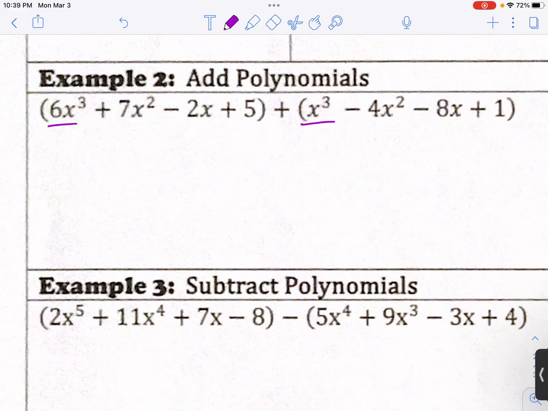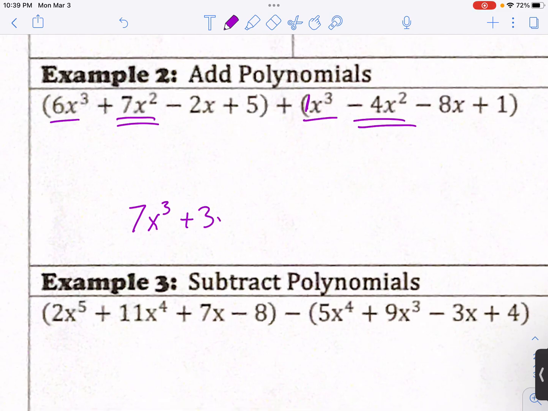So again, I like to just do different underlines, single underline for my first one, 6x cubed plus 1x cubed. I'm going to get 7x cubed. 7x squared, negative 4x squared, that's going to be positive 3x squared. Okay, triple underline, my linear term, again, just x, negative 2x, negative 8x, that's going to give me negative 10x.